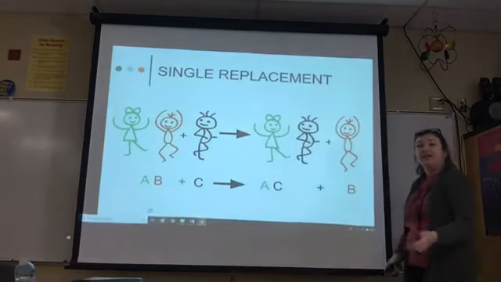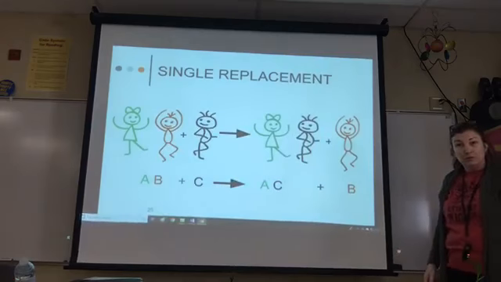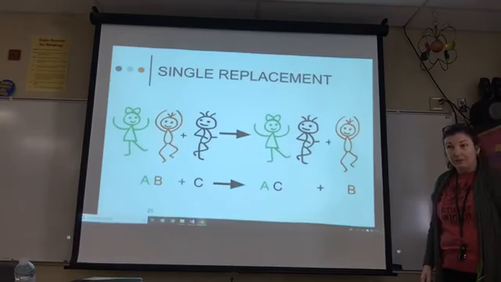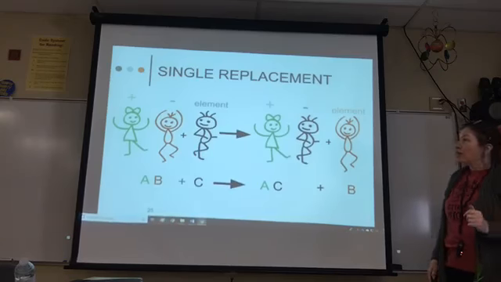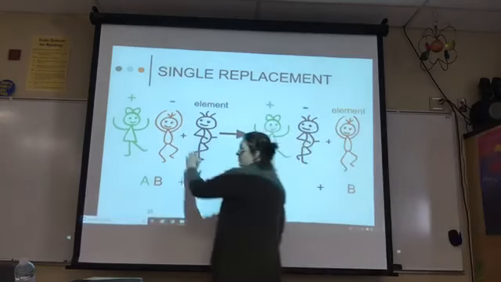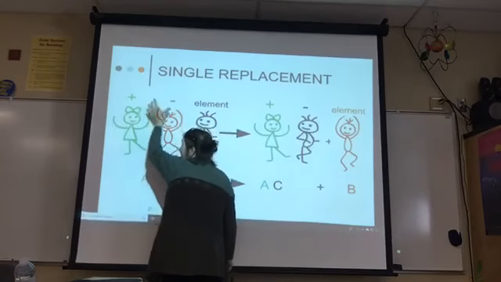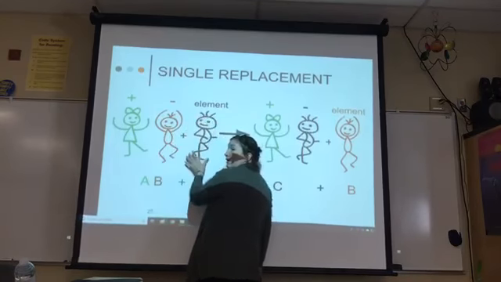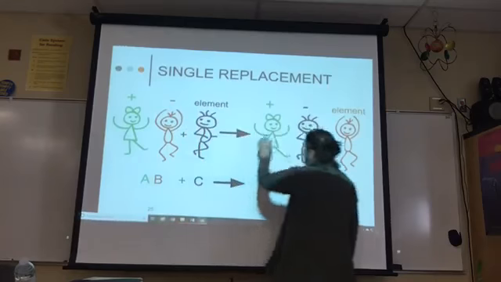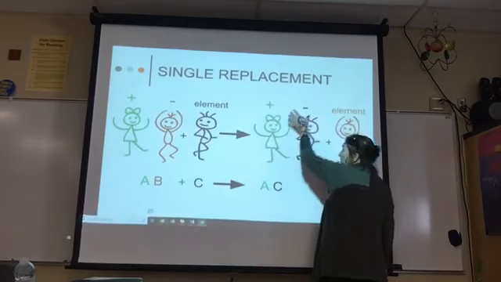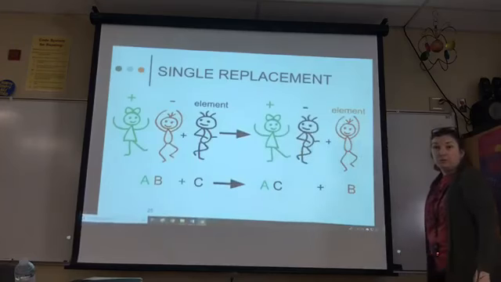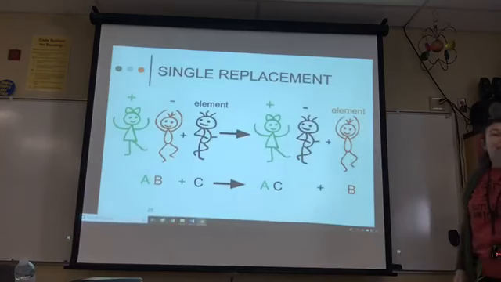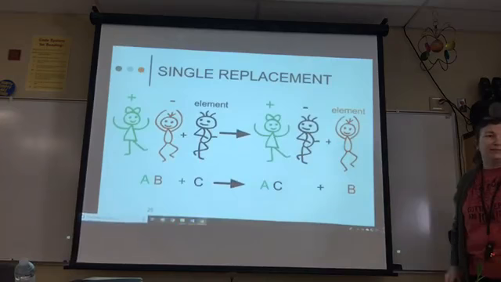One comes in, the other comes out. Okay? So far, so good. So, this is a compound, so you've got a cation, an anion, and then just a single element. Then the same cation, anion here, and a different element comes out. The anions have switched places.